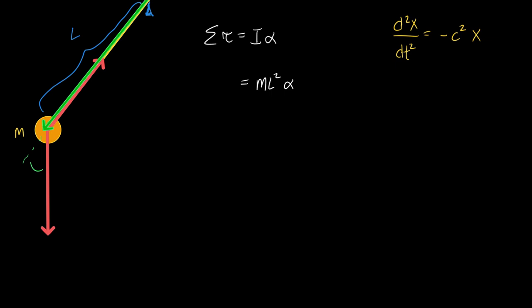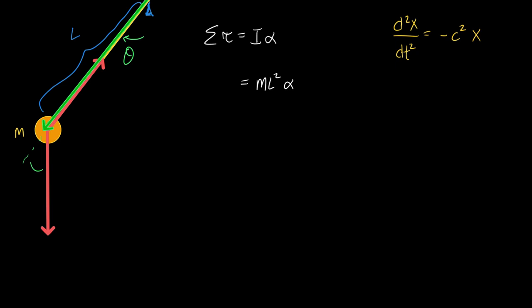I didn't say it was an oscillator yet, but I'm starting to see qualities of an oscillator. Moreover, if theta is measured in the positive direction this way, won't the torque be in the negative direction? Using my right-hand rule, it's into the board to rotate this way, but the torque is causing it to go out of the board that way. So the torque appears to be in the opposite direction of the displacement.